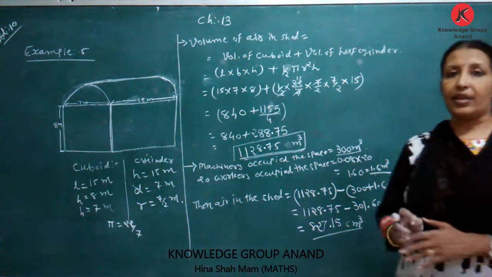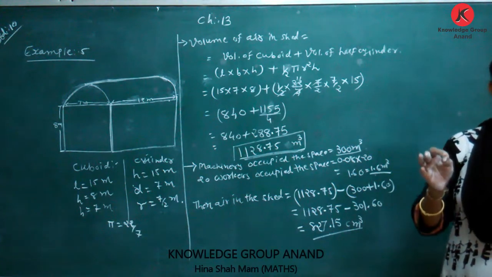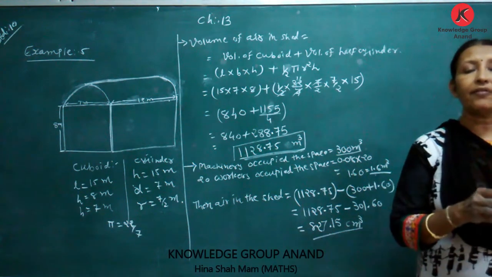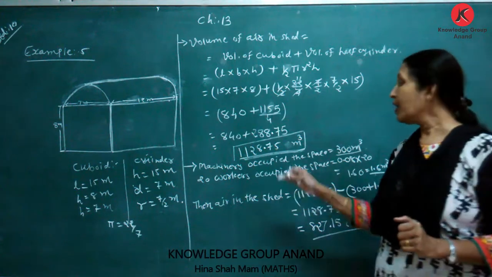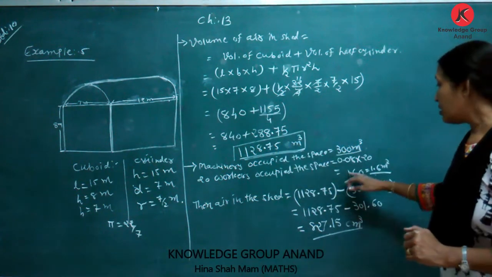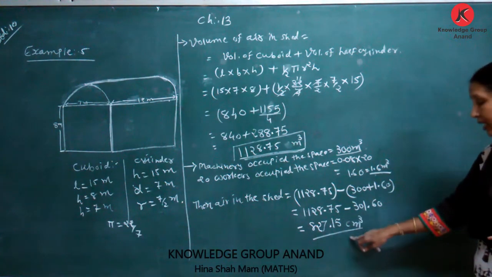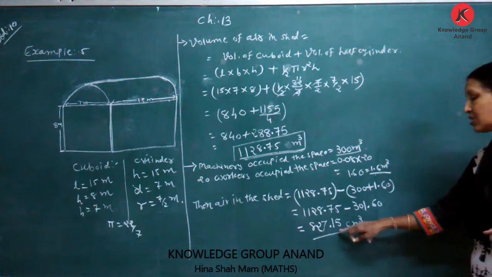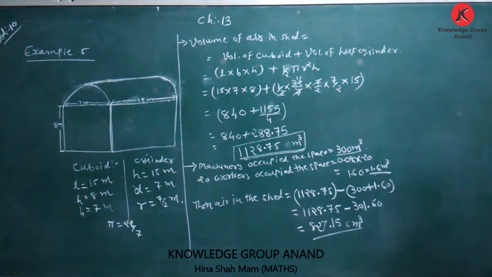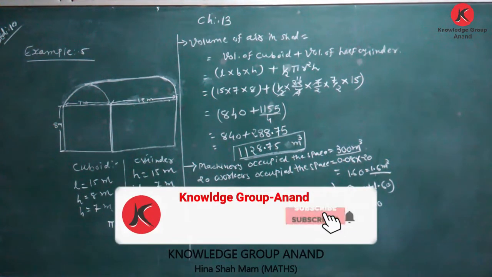Now, how much air is in the shade after the space occupied by machinery and workers is subtracted from the total volume of air? Then we get 827.15 meter cube. Now, example number 6.